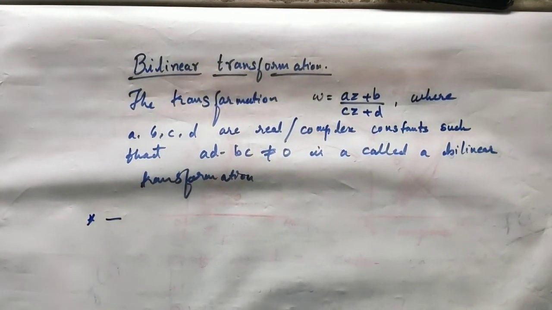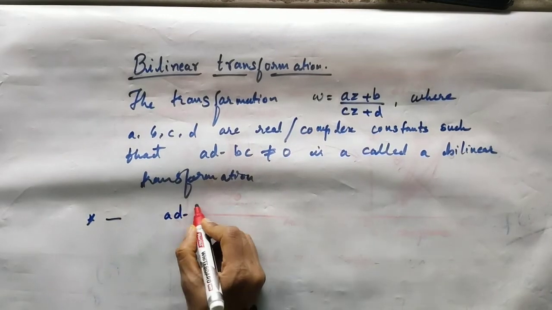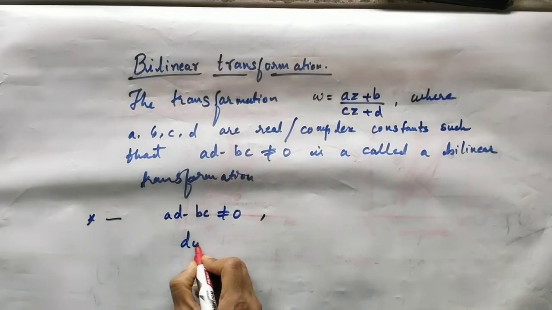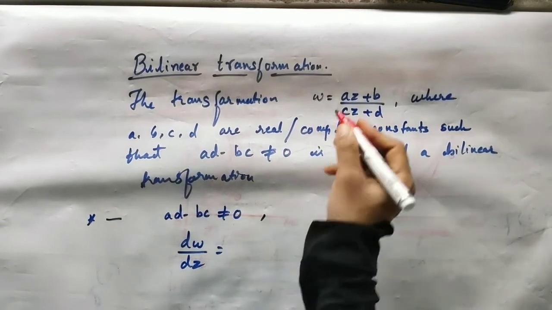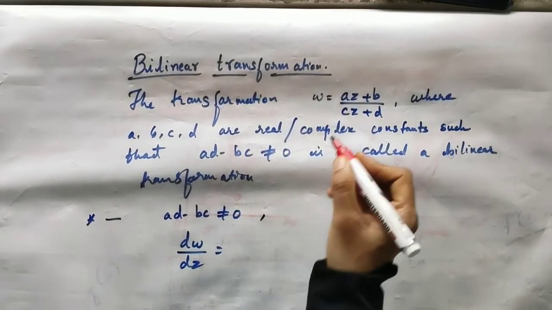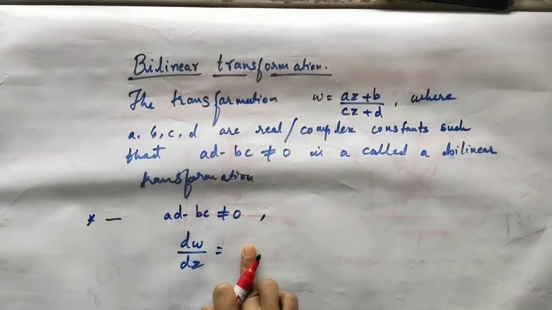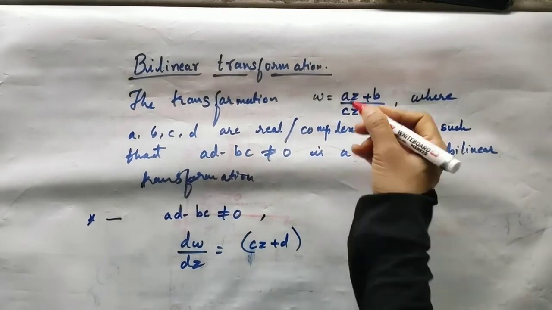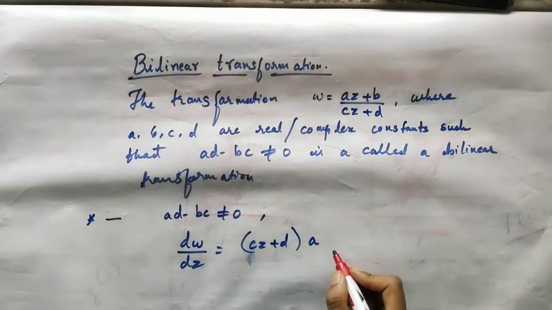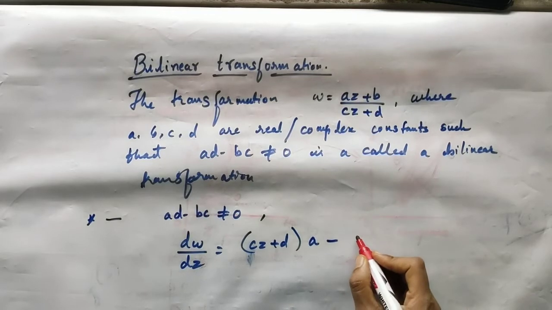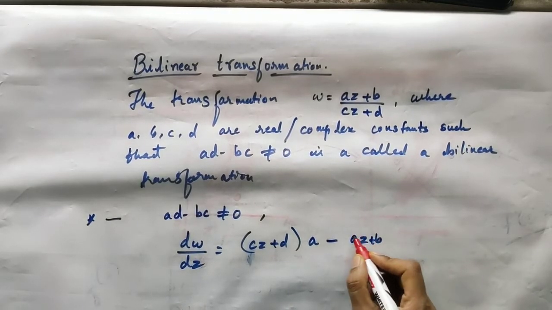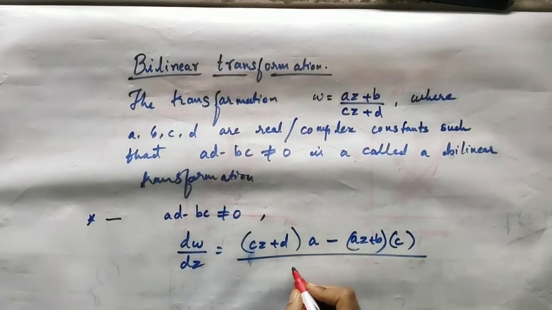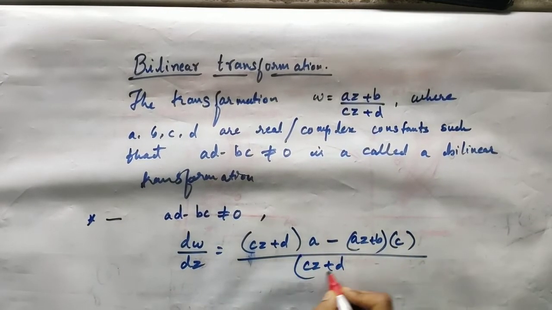The condition AD minus BC not equal to 0 appears when we consider dw by dz, the derivative of this function. If I take the derivative, the denominator CZ plus D stays as it is, the derivative of the numerator is A plus 0, minus the numerator as it is, using the u by v rule, into C divided by CZ plus D whole square, the denominator square.